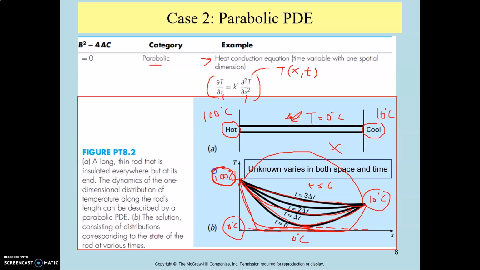Because your maximum temperature is only 100, you expect something below 100. So this is not the correct answer. You should expect the temperature to remain at one point, for example like this, and be constant there. This point is called the steady state, and there is no change in the temperature over time.